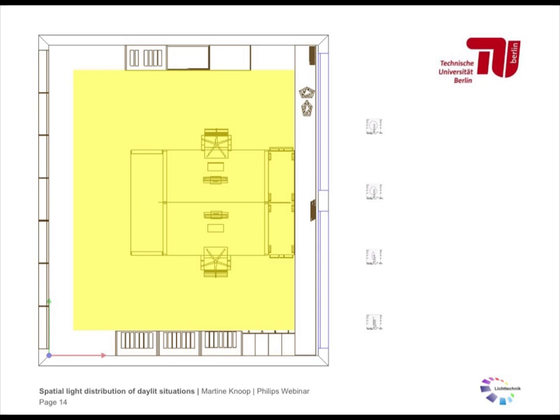And if I look now at the possibilities that the standards offer me, I could just focus on my task area, have there my average illuminance of 500 lux and reduce the lighting level in the surrounding area, so the remaining part of my room. That's possible with all these luminaires.